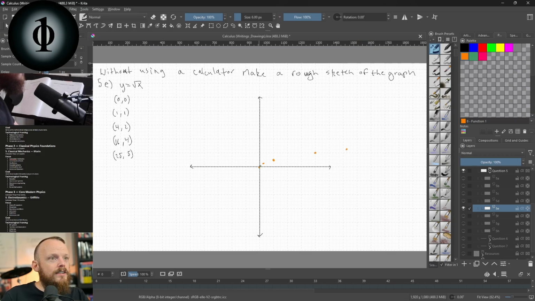Oh, yeah. That's the graph we know and love. The square root graph is beautiful. I gotta admire it for a second.